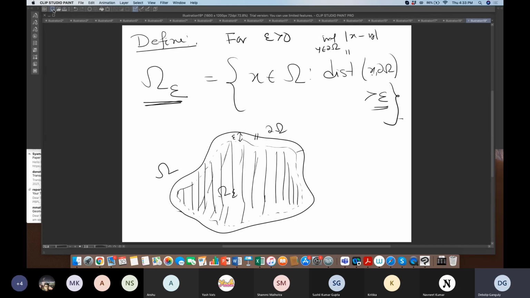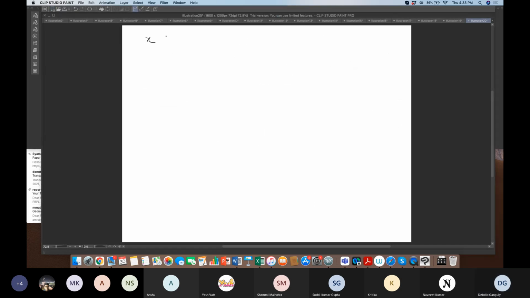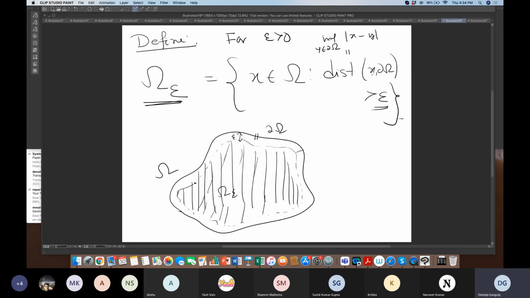If you take x in omega epsilon, then clearly B(x, epsilon) is contained in omega. Agreed or not? Because the maximum x can go is here.